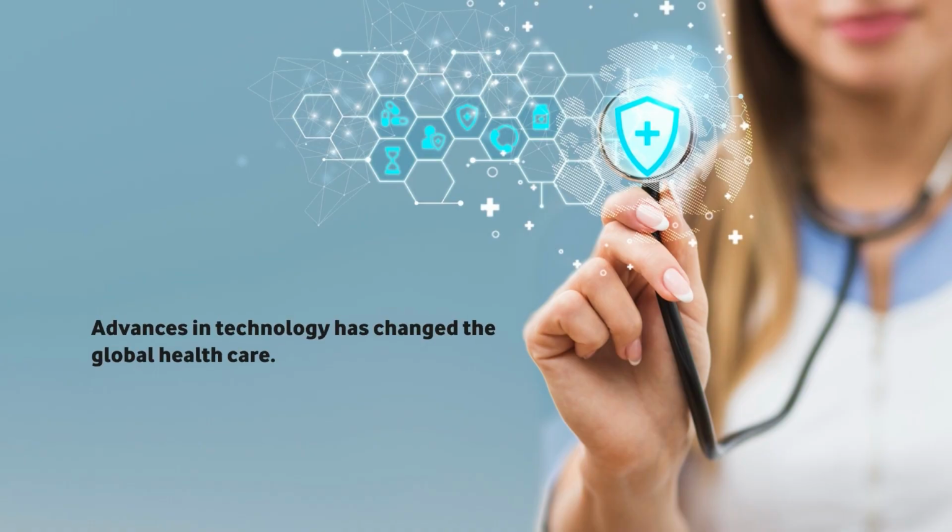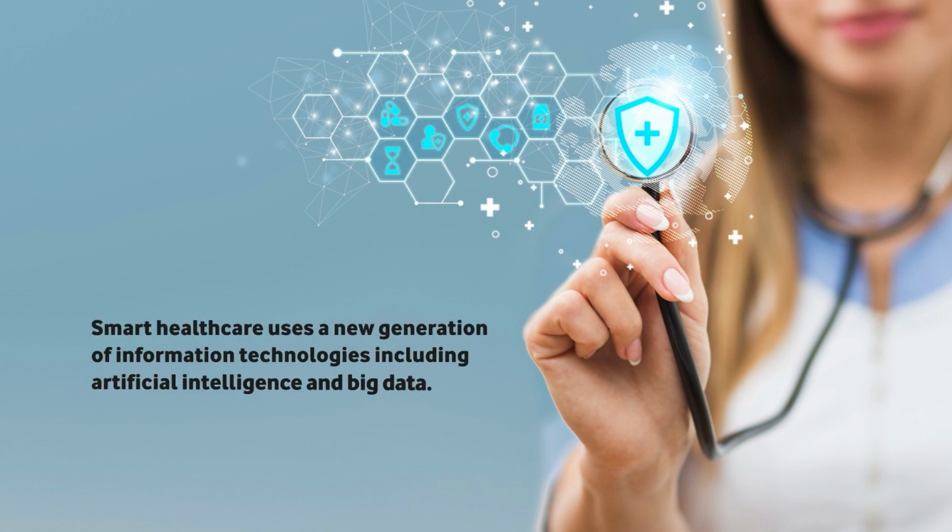You can see the changes as we discuss over time. Advancement in technology has changed global healthcare. Smart healthcare uses a new generation of information technology, including artificial intelligence and big data.